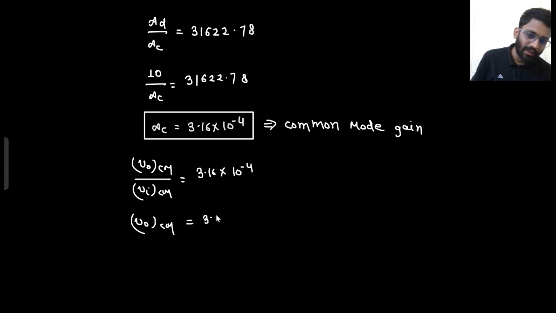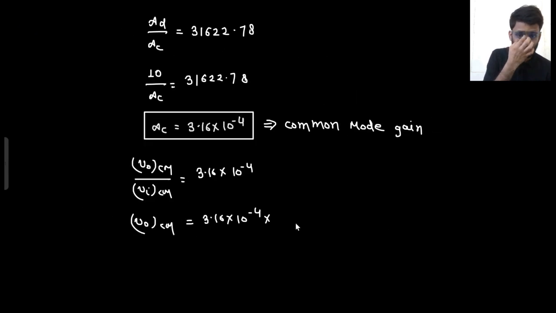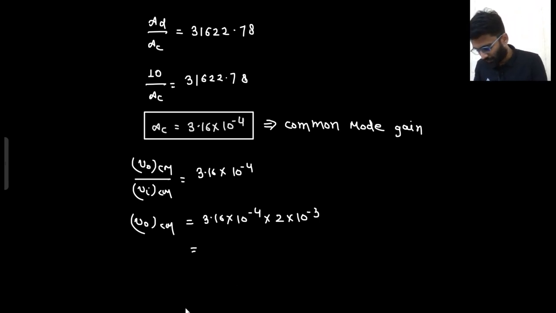That would be equal to 3.16 into 10 to the power minus 4 into common mode input. What is the common mode input? Common mode input is 2 millivolt, into 2. 6.32 into 10 to the power minus 7.